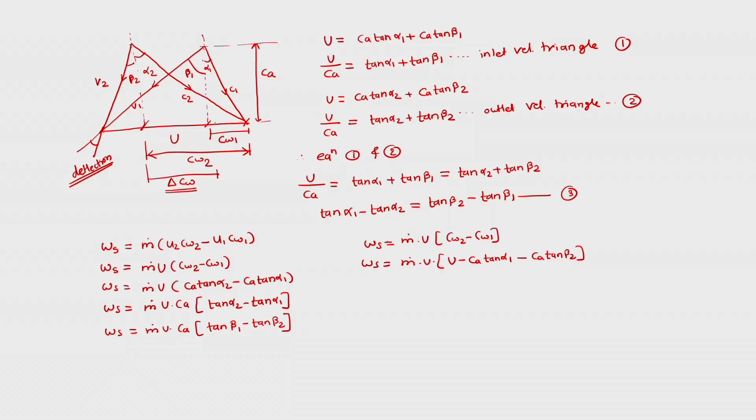Basically, this big length from here to here is U, and then we need to calculate this small length, which is delta CW, equal to CW2 minus CW1. So this small length is this big length minus this one, where this length is Ca tan alpha 1 and this length is Ca tan beta 2.